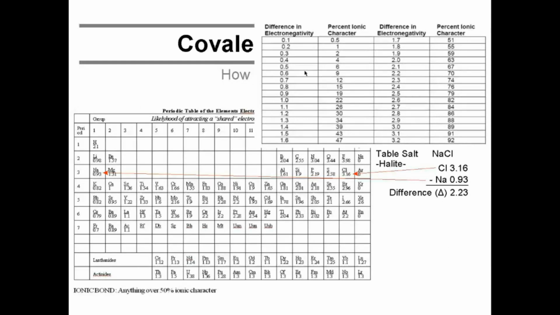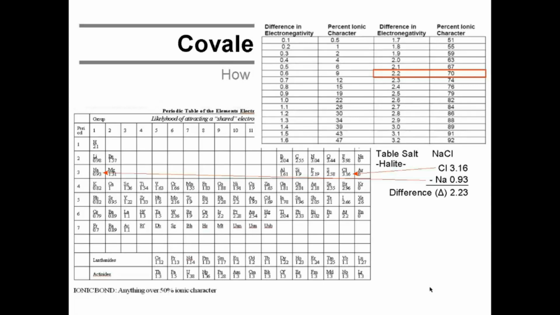Now let me go to my little table up here, 2.2, 2.0123 right here. So table salt has roughly 74% ionic bonding. There it is. Anything over 50 we usually call ionically bonded. So halite, the mineral, which is table salt or sodium chloride, is indeed an ionically bonded material.